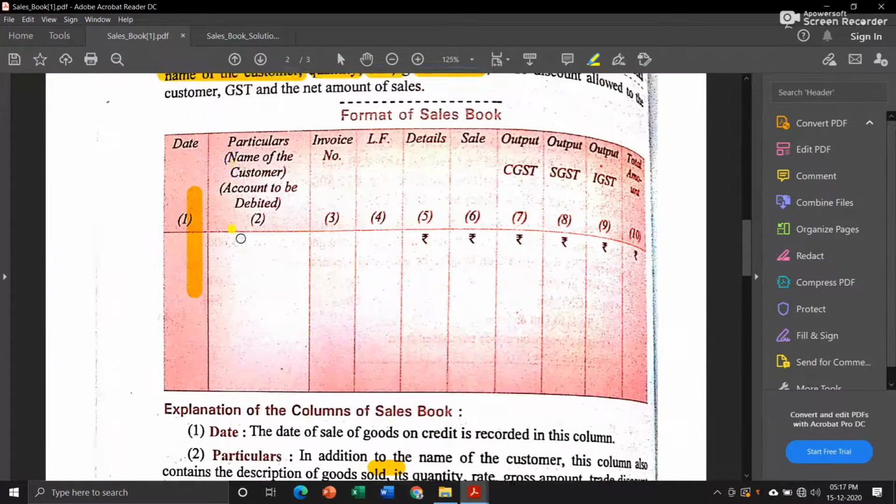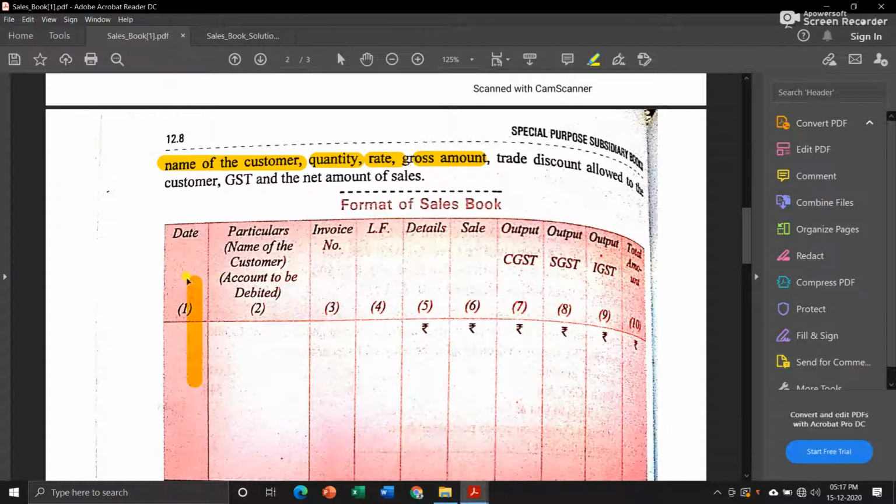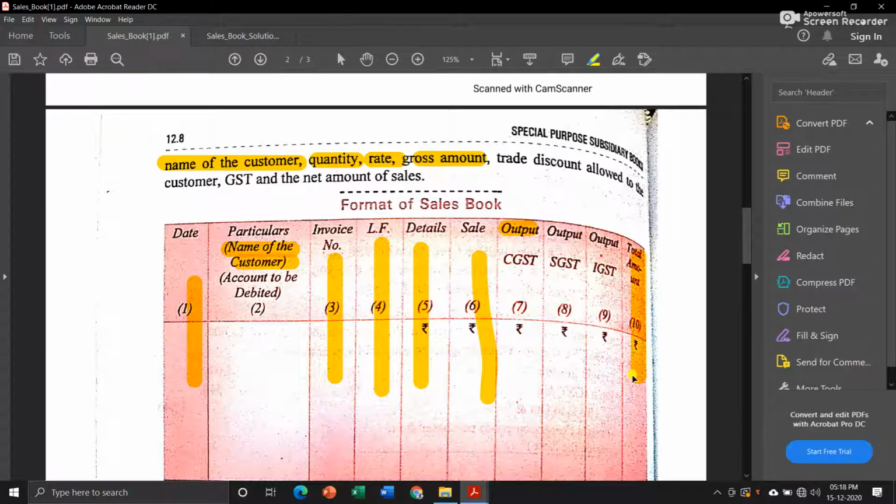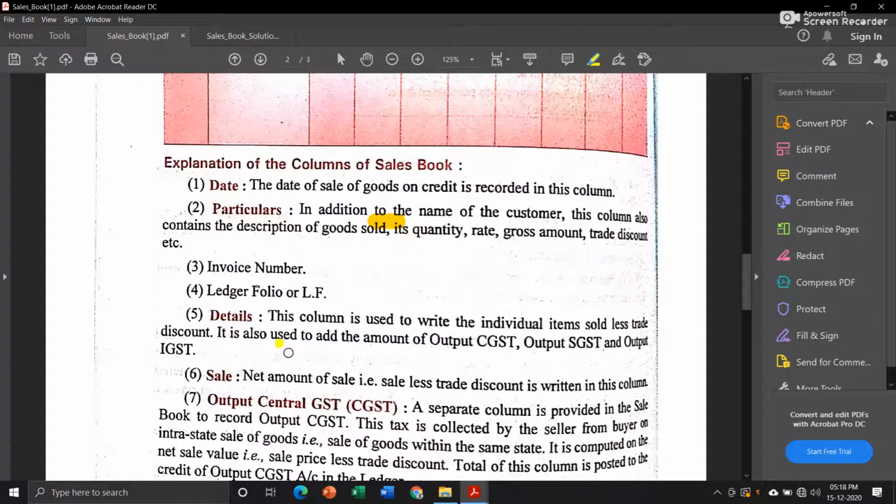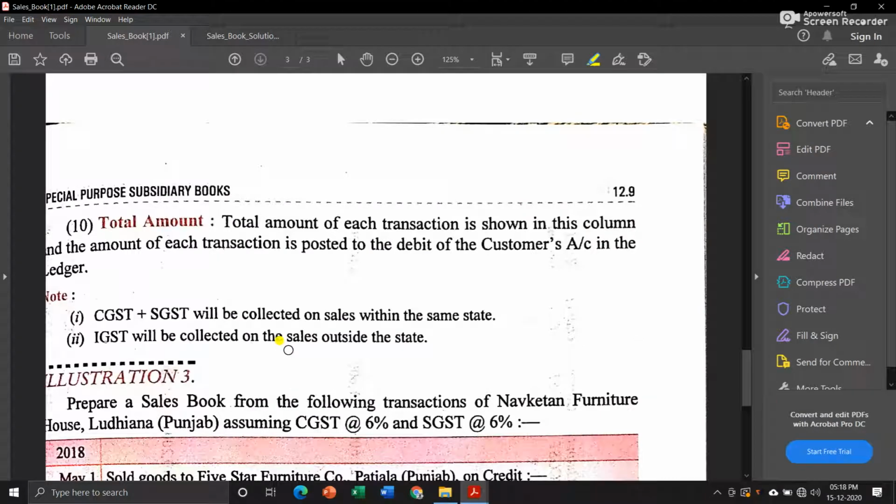Now in purchase book we used to record the name of the supplier, but in case of sale book we will write down our customer's name and details. Then we have invoice number column, then ledger folio, then details, then sale. Then in purchase book we used to write input CGST and input SGST and input IGST, but in case of sale book it will be output CGST, output SGST and output IGST, and at last total amount. Now these are the explanations of the columns given, you can give it a reading.